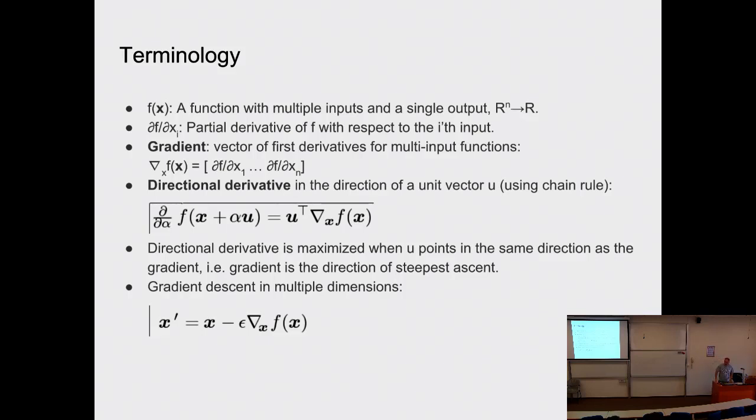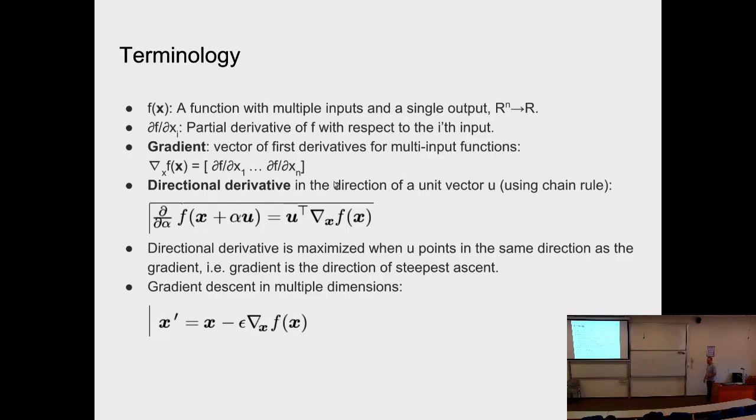Now I have derivatives with respect to each of my inputs. The partial derivative of f with respect to xi gives me how much f would move if I move xi by epsilon. If I put all these partial derivatives into an array, I call that a gradient, and I represent it with this del character. So far so good?